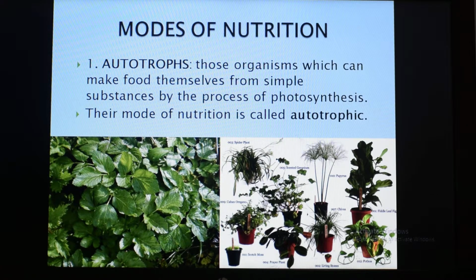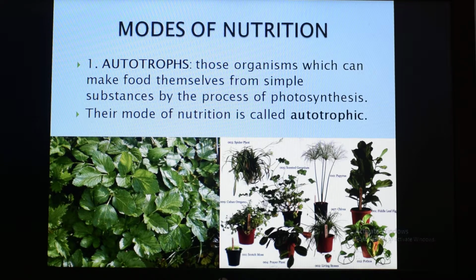Those organisms which can make food themselves from simple inorganic substances like carbon dioxide and water by the process of photosynthesis are called autotrophs, and their mode of nutrition is called autotrophic.